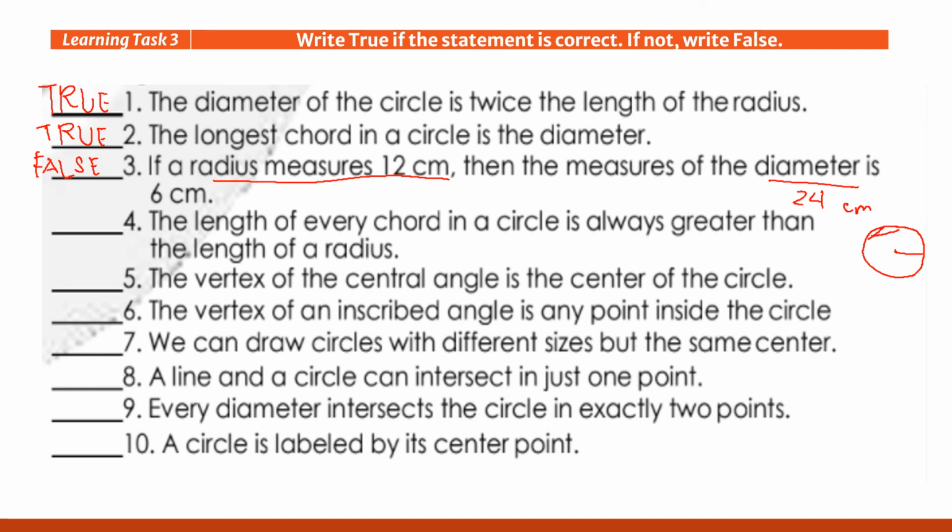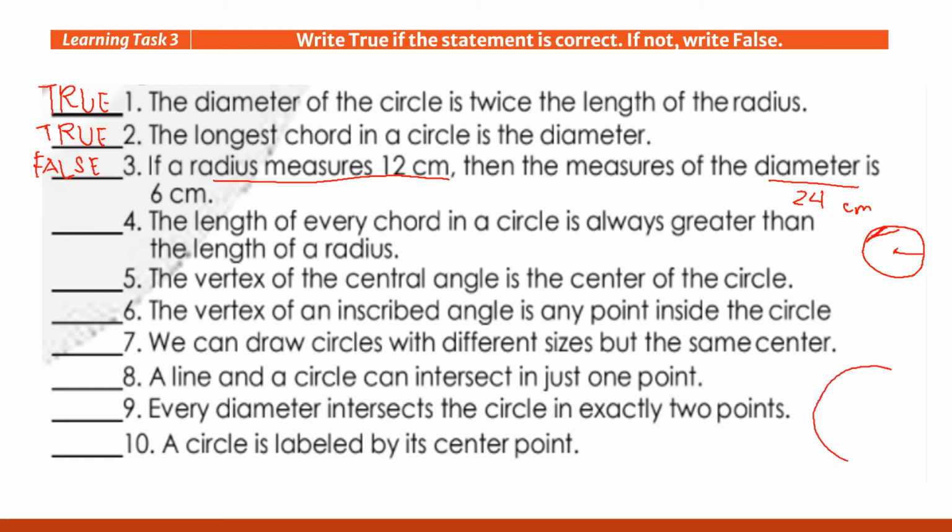Diba, mas mahaba yung length of radius compared to chord of this circle. Diba? So, hindi at all times ay yung chord ay greater than the length of a radius. So, may pagkakataon na mas mahaba ang radius compared to a chord.